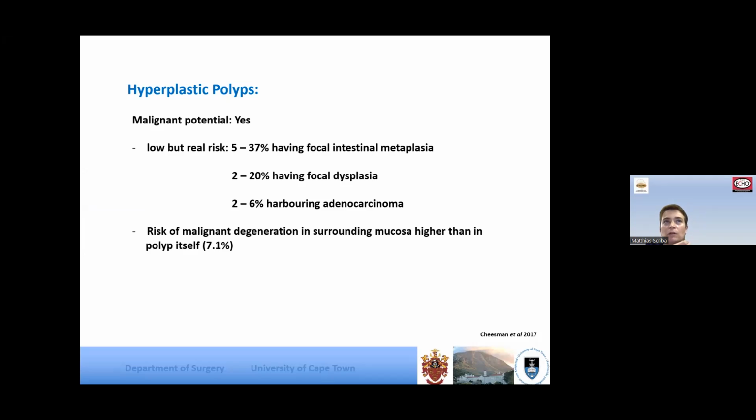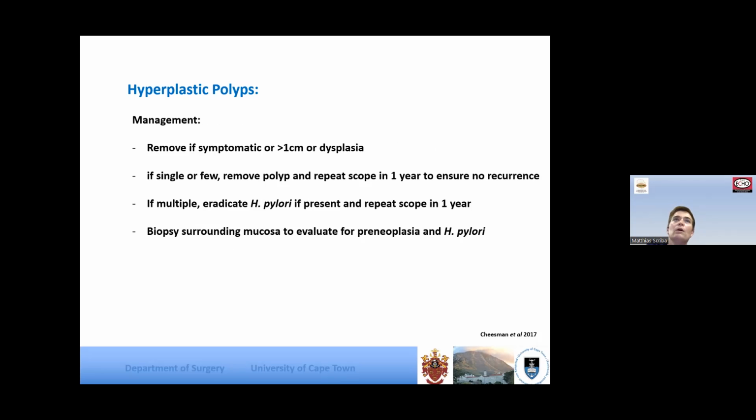Then remember, interestingly enough, the risk of malignant degeneration in the surrounding mucosa of a patient with hyperplastic polyps is almost as high, it's sitting at 7.1%. Let me correct that, it's actually a bit higher. So that's concerning. So remember always to biopsy the surrounding tissue.